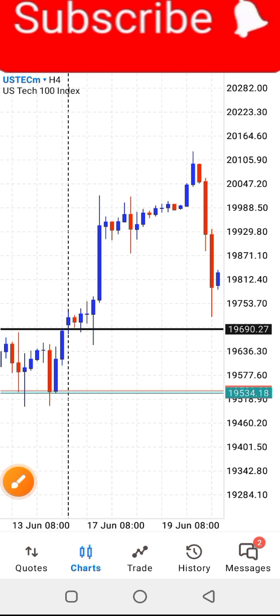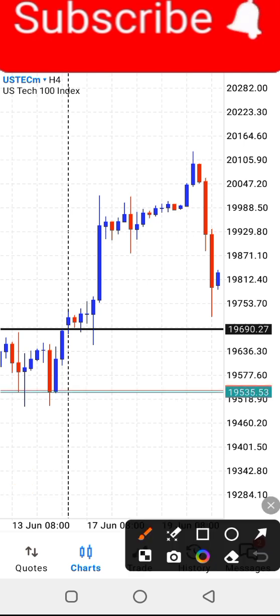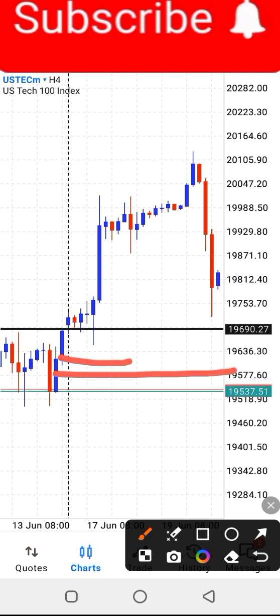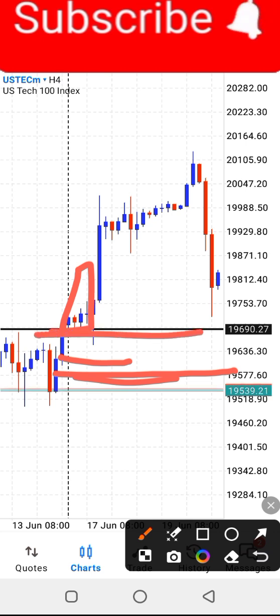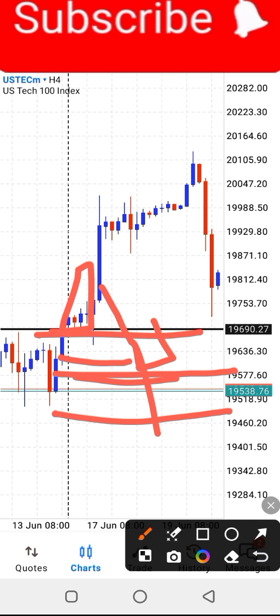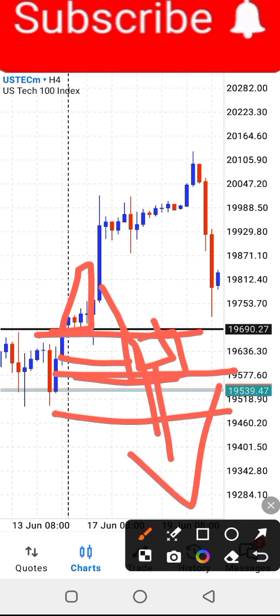Okay, so the reason why I'm emphasizing that loss aspect, you need to think about the losses also. Okay, because for price to have closed above this level, and then come back to close below it and move in the downward direction, no matter how you make room for the stop loss, for it to have closed below, it tells you that it's still going to go towards your stop loss.